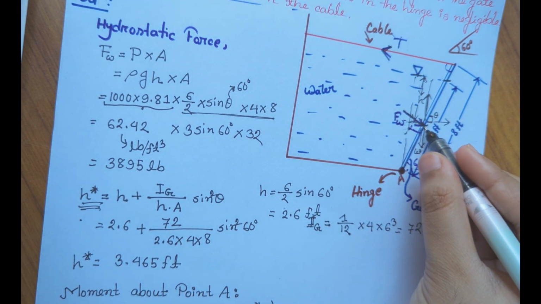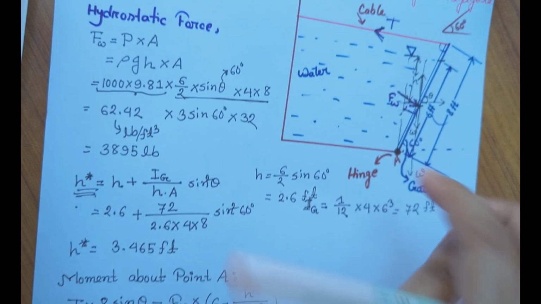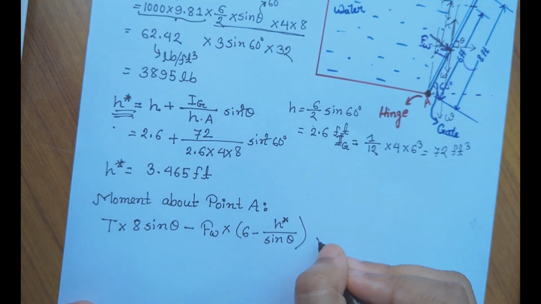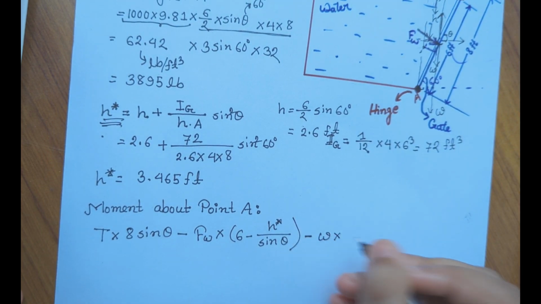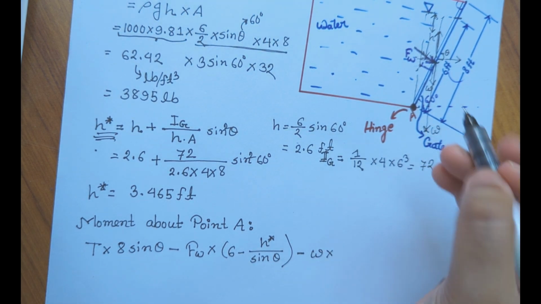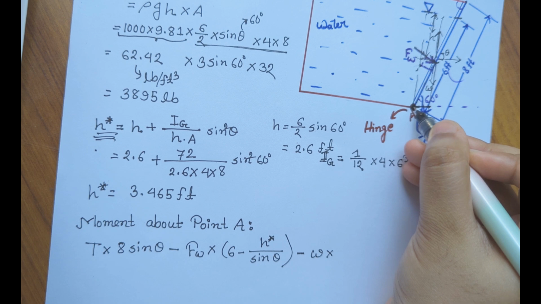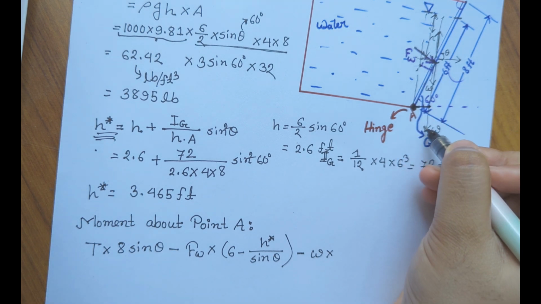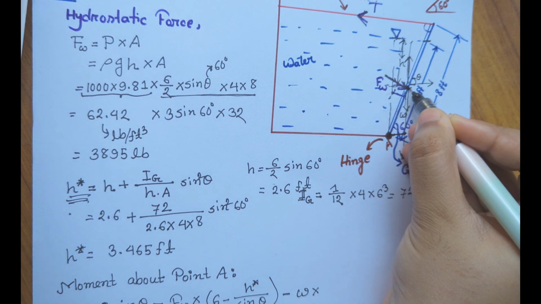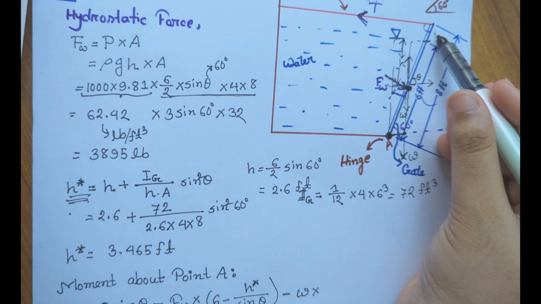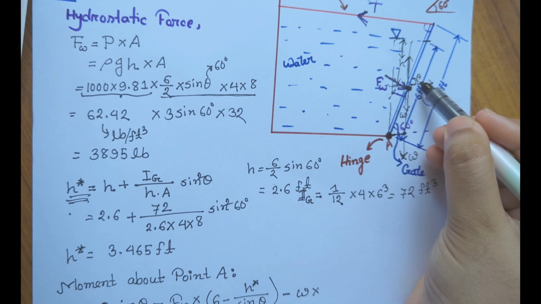And lastly the force W, the force of weight. As this is also a clockwise force, we put a minus before the force W times its distance. This is the shortest distance between the hinge at point A and the force W. Obviously this weight acts at the middle of the gate. The gate is totally 8 feet, and the middle is at 4 feet.